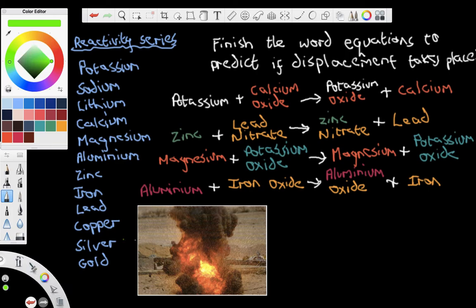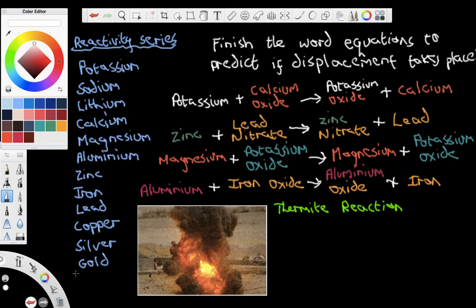Our final keyword today is thermite reaction. That's THERMITE reaction.